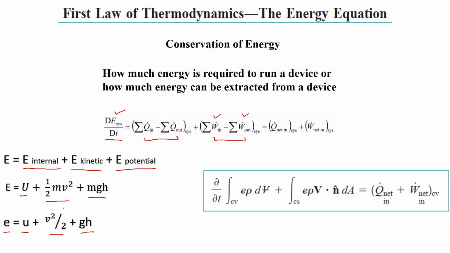Then we substitute these values inside the Reynolds transport theorem to get the total change in the energy of a system with respect to time, which is equal to the change in energy that occurs at the control surface at the inlets and the outlets, and the change inside the control volume.